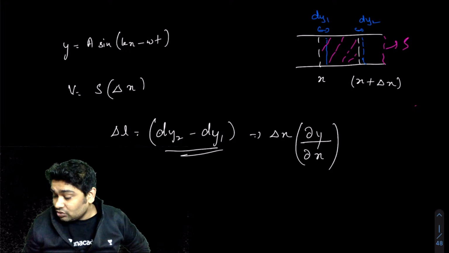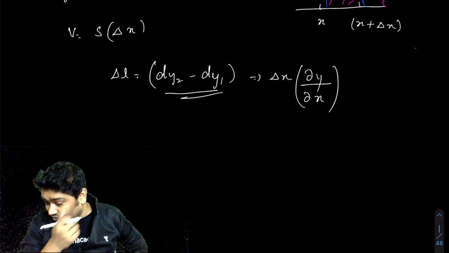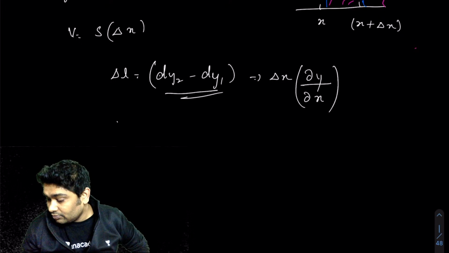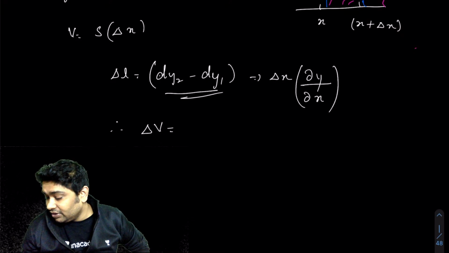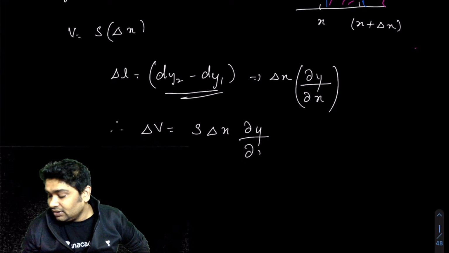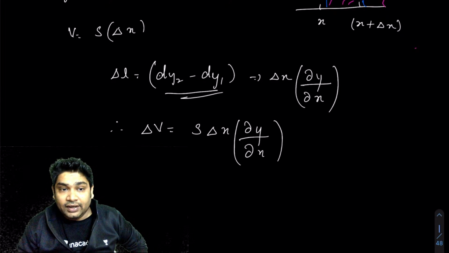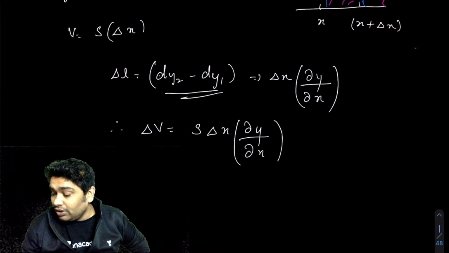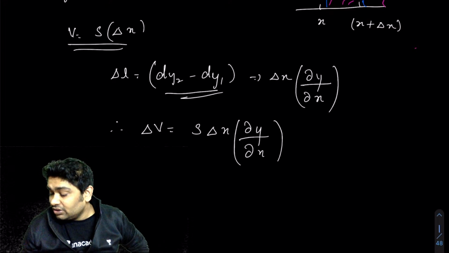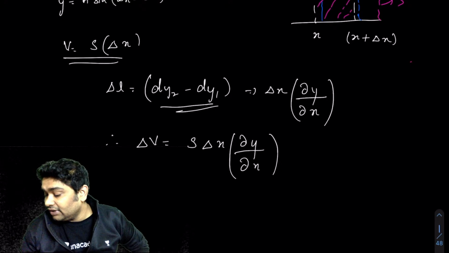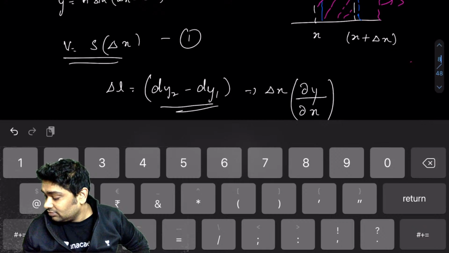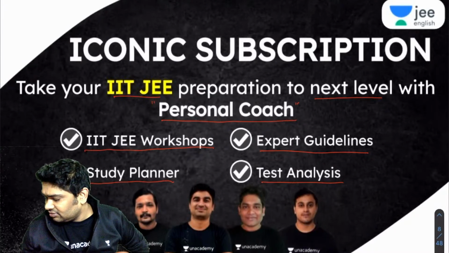So what you realize is from here the change in volume, delta V, would be equal to S times delta x del y over del x. That is the change in volume of my region. I already knew this V, so I already had this one equation, and now I have this second equation.